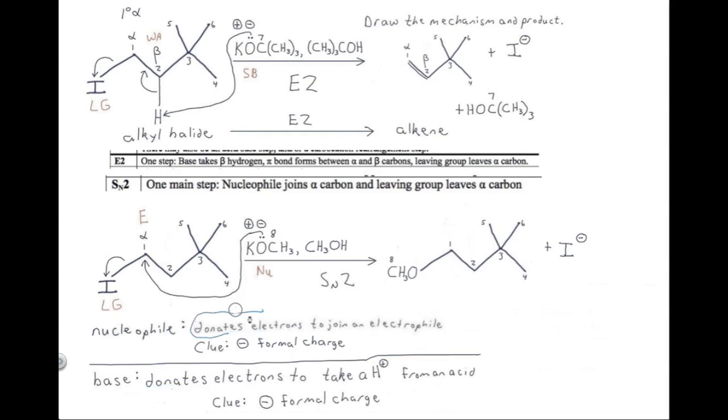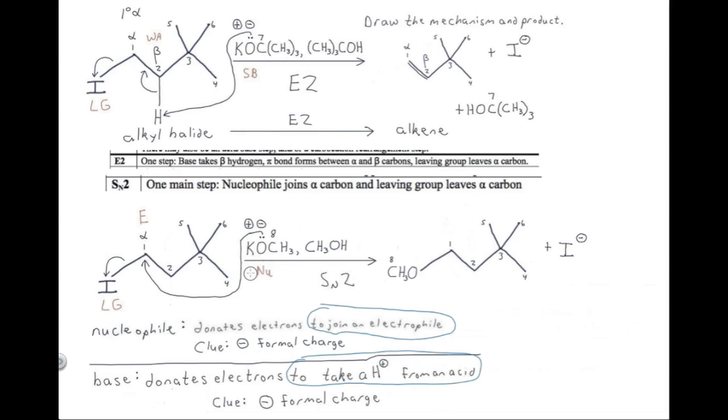Well, you can see the difference from these definitions. The difference between a nucleophile and a base is that a nucleophile donates electrons to join another molecule, while a base donates electrons to take a proton from another molecule. You can see that from these examples.